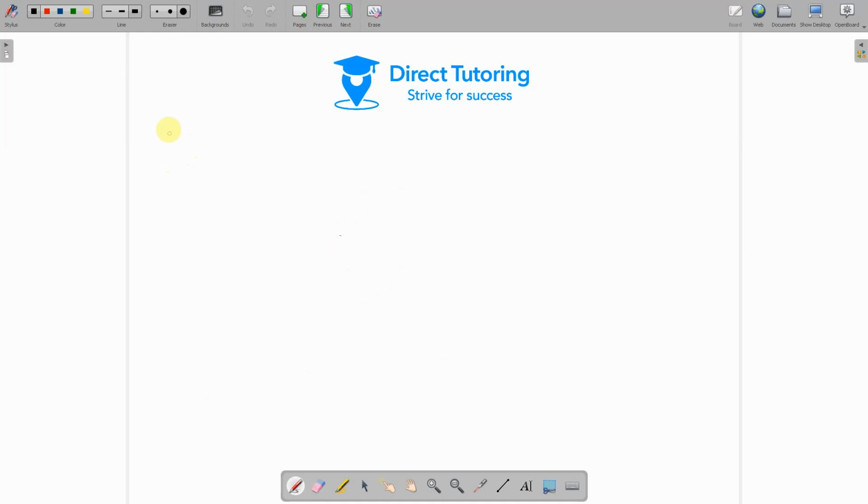So first of all, we need the formula, and the formula for the arc length is going to be the angle over 360 times pi times d, the diameter, because we're trying to find the circumference of the circle essentially, but the circumference of only a specific part of the circle, in this case 240 degrees of the circle.